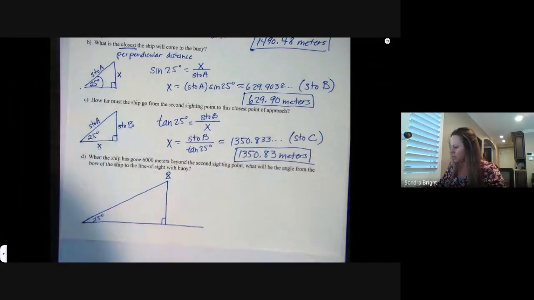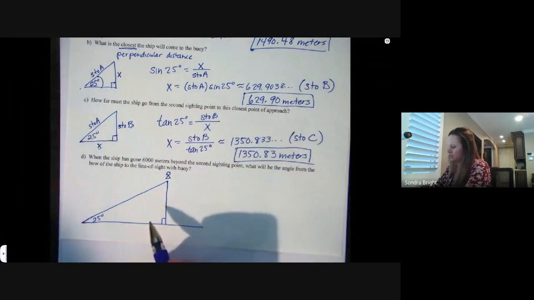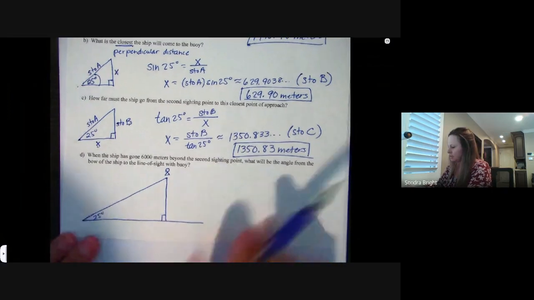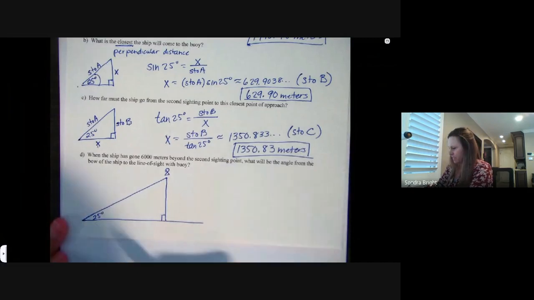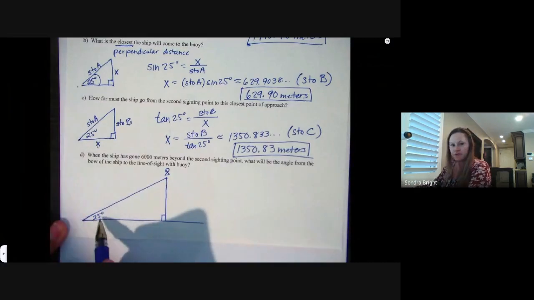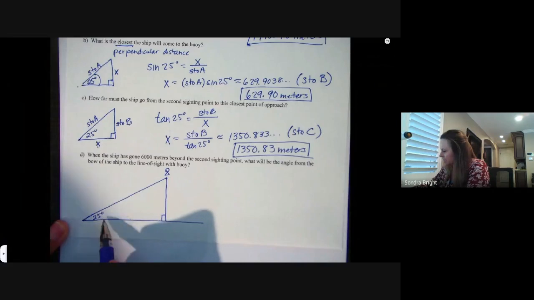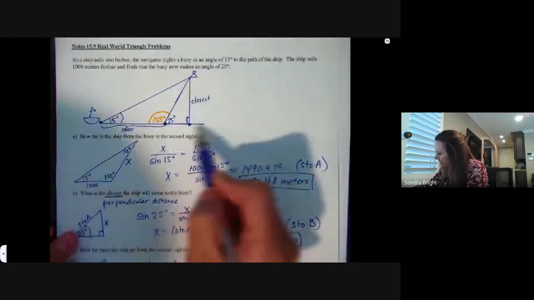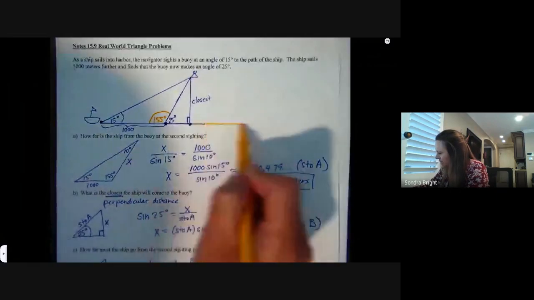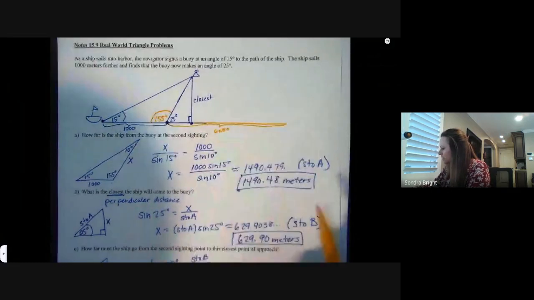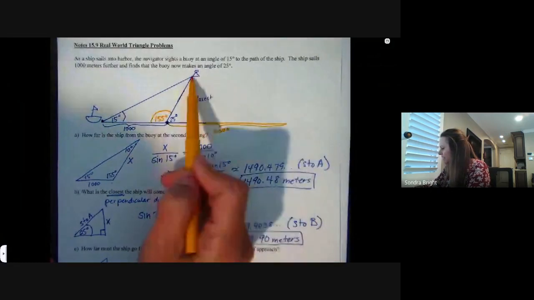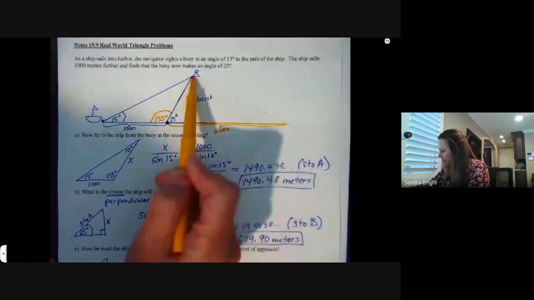When the ship has gone 6,000 meters beyond the second sighting of the buoy, the second sighting was 25 degrees here, not the 15. If we go 6,000 more out here, then what they're wanting is the line of sight now that the ship is over here.